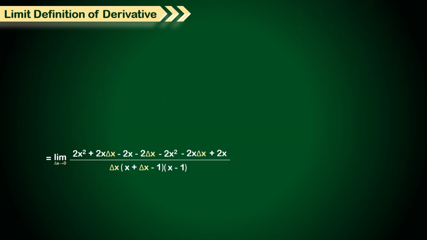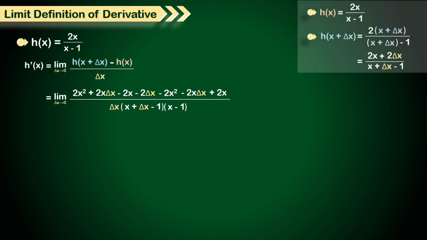Combine similar terms in the numerator. 2x squared - 2x squared is 0. 2xΔx - 2xΔx is 0. And -2x + 2x is also 0.